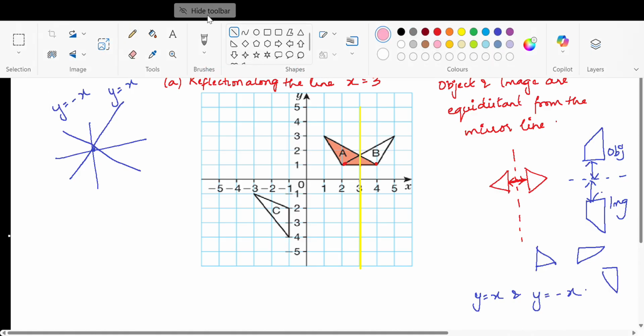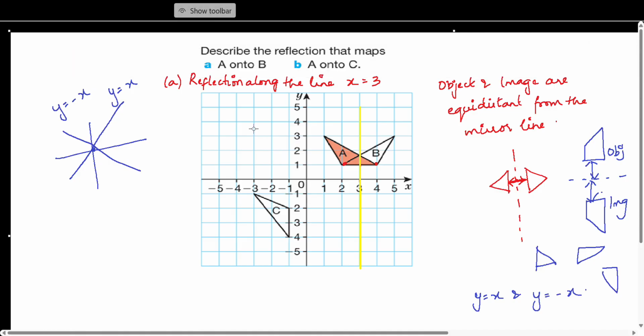I am again taking a very light colored marker here. So every tip, since it's y equal to minus x, we know that it should pass through minus 1, 1, minus 2, 2, minus 3, 3, and here 1, minus 1, 2, minus 2. So I can mark these corner points of every grid and join to get the line.